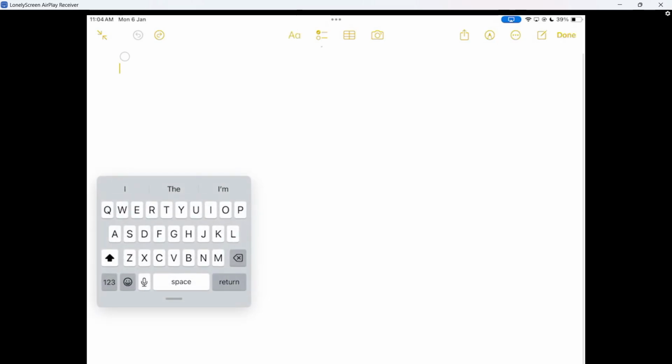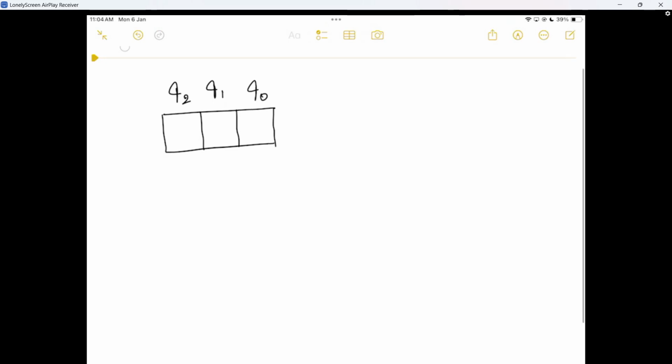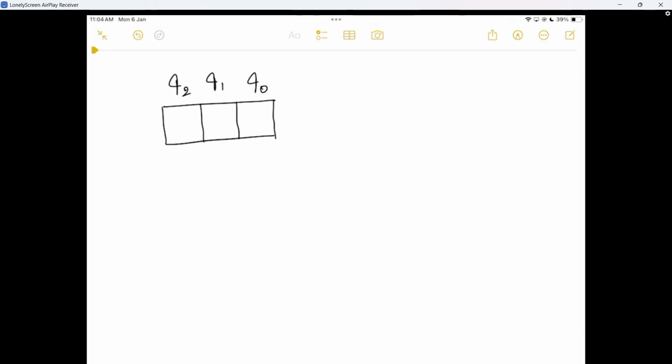So here I take 3 bit shifting. So here is Q0, Q1 and Q2. So this is a 3 bit shift register. So how do these shift registers look?